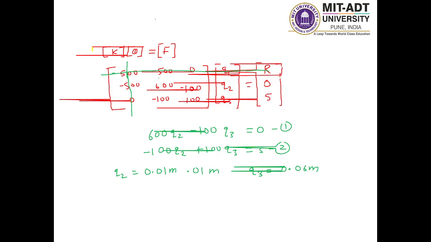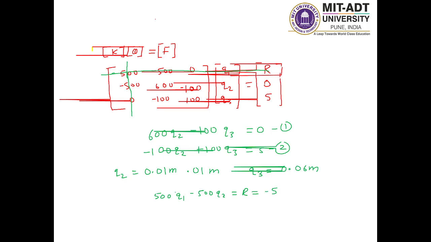Now if you just want to find the reaction at support, then what we need to do is consider this particular row which we have eliminated. So here we have 500 q1 minus 500 q2, which will be equal to R. After this, if you put instead of q2 0.01 and instead of q3 0.06, then we will have a reaction at the end which will be minus 5, right?